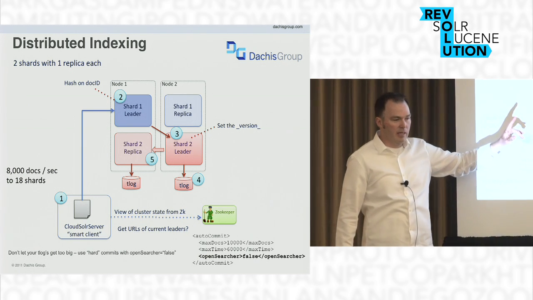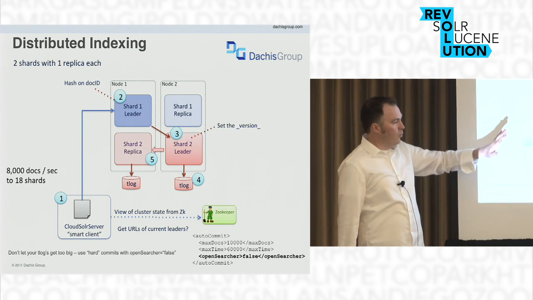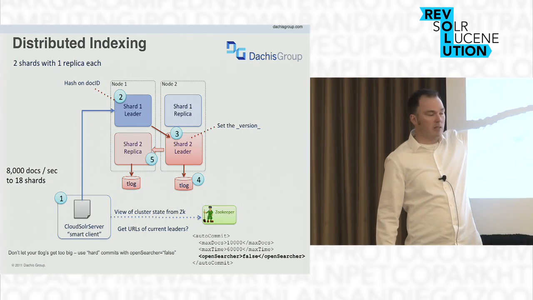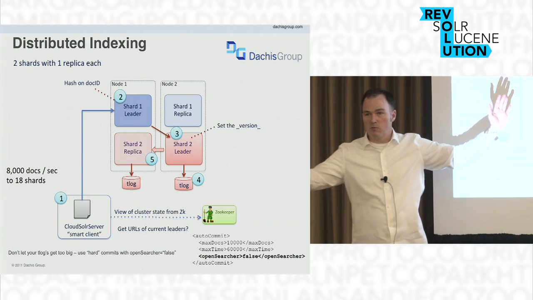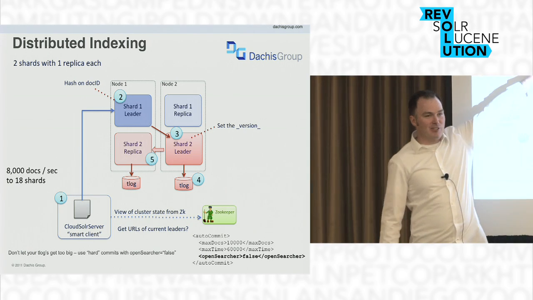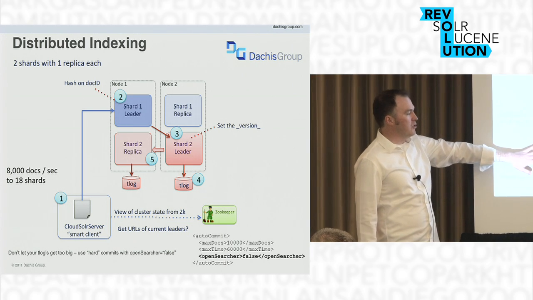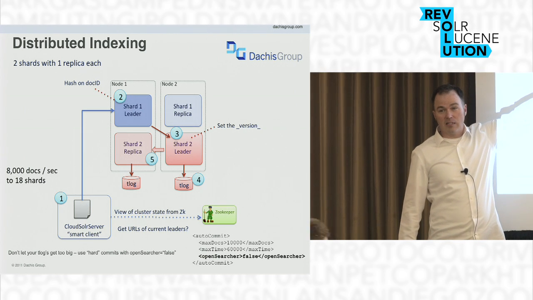And for indexing, it needs to know the URLs of the leaders, right? Because with Solr Cloud, you can send an index request to a replica, but then the replica says, well, I don't do that, right? And it has to forward it to the right leader, right? So this CloudSolrServer right now shortcuts that a little bit and sends it to the leaders.